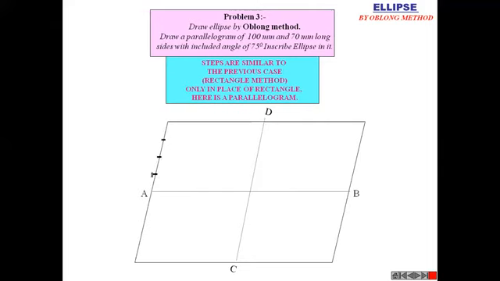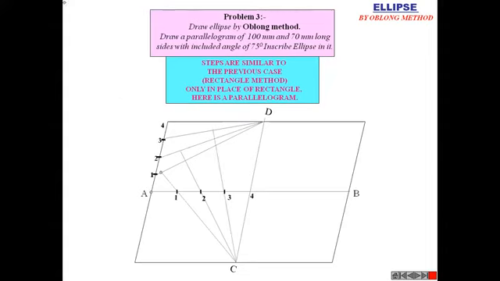Then divide this line into four equal parts, and divide the horizontal line also into four equal parts. Join 1 to D, 2 to D, 3 to D, and 4 to D, and join C to 1 for the intersection at 1, C to 2 for the intersection at 2, and C to 3 for the intersection at 3.